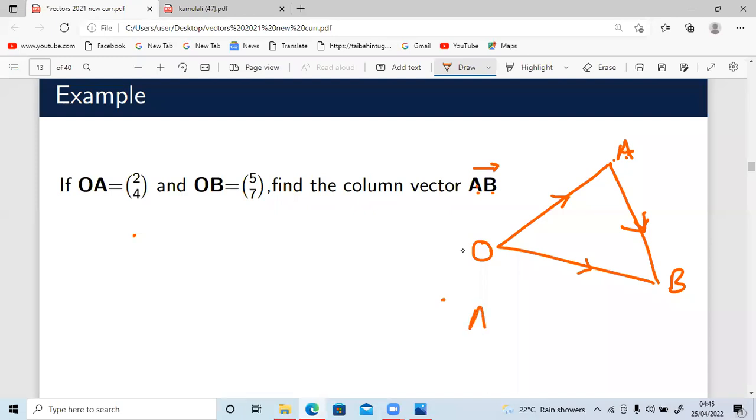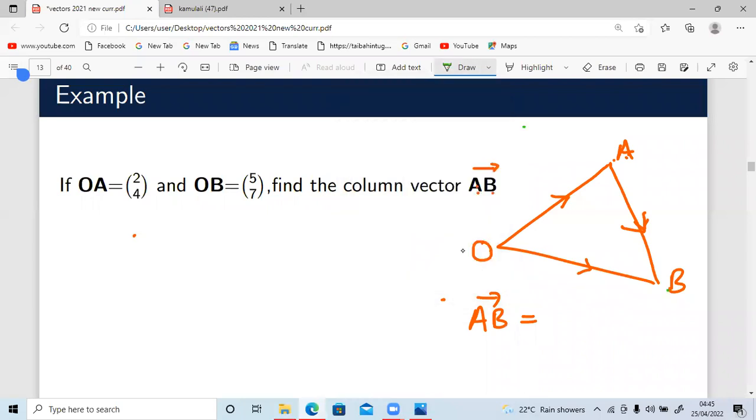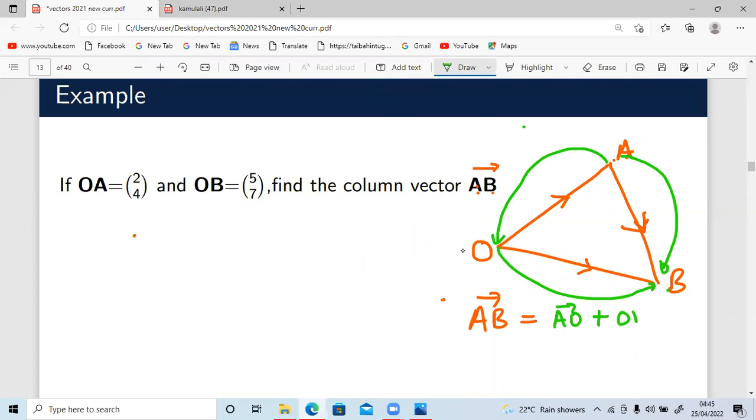So in case I want to find my column vector AB, what does it mean? It means that from A to B, you ask yourself, which route can I use to get to B? Vector is about movements. I can start from A, go towards O, then from O go to where B is. So our AB is the same as A to O plus O to B. But when you look at A to O, we are moving in the opposite direction to the original one.